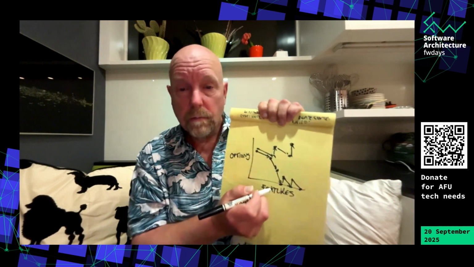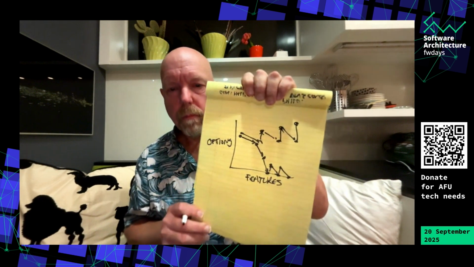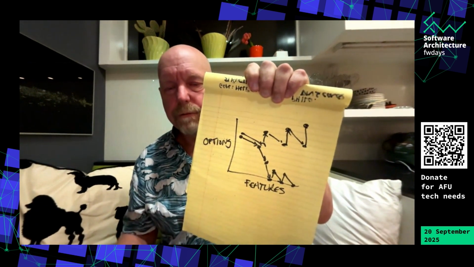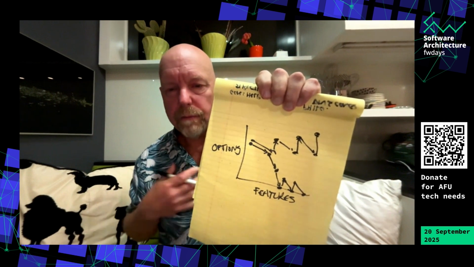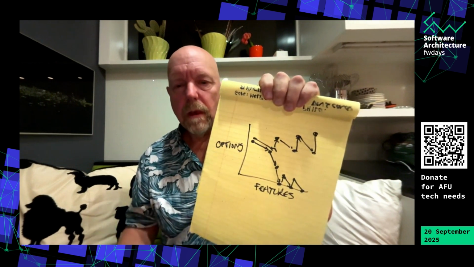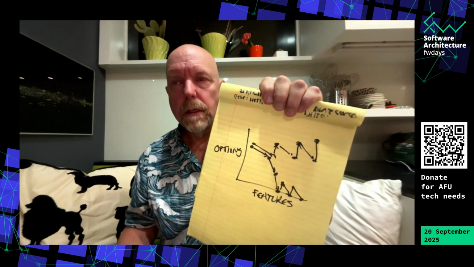And then we can implement the next feature. And then we can add to the options. And then we implement the next feature. And then we add to the options. And that's the trajectory that I'm advocating, that I try and practice, one in which we're continually investing in the structure of the system to increase its optionality.